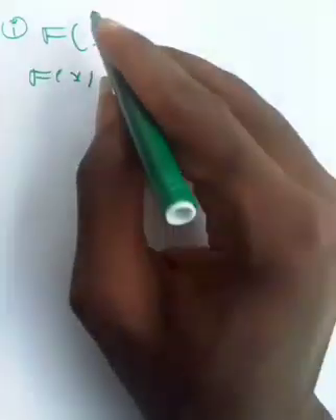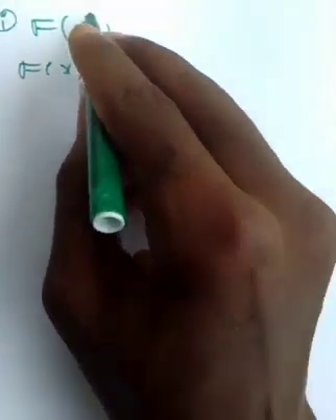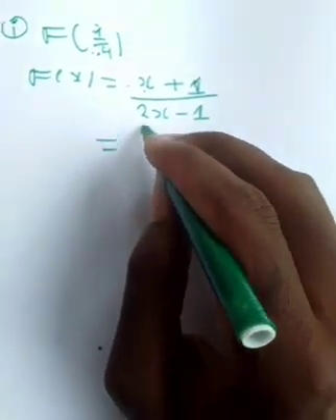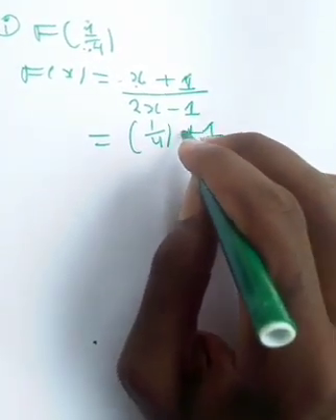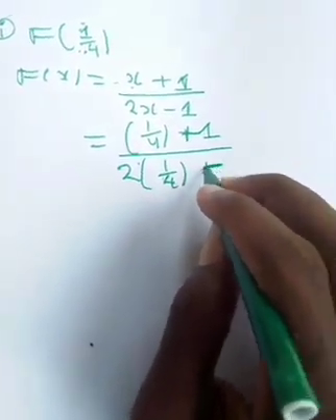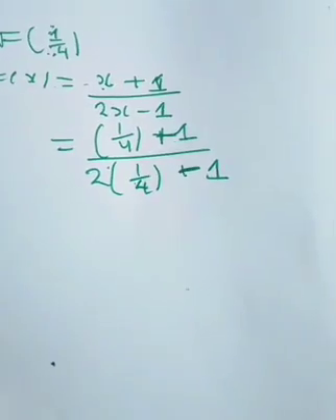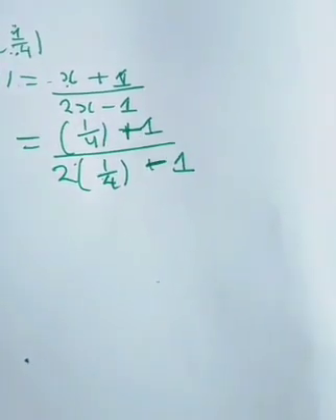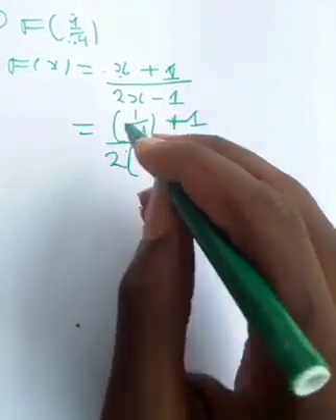So to find f of 1 over 4, just substitute, where there is x, put 1 over 4. So it's going to be 1 over 4 plus 1 over 2 times 1 over 4 minus 1. Right? And so this is 1 over 4, guys.